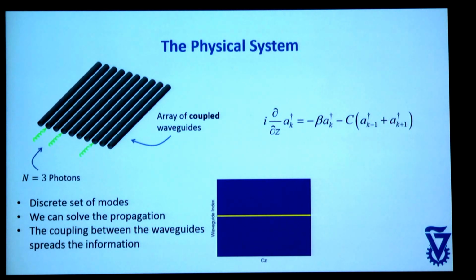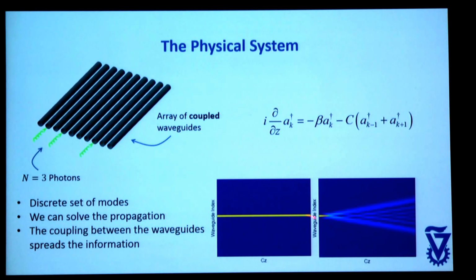So you inject a photon into the array, to some waveguide, and it propagates. That's all you get. But once you add the coupling of the waveguides, then the light can propagate to neighboring waveguides. And that's how, when you measure the output, you get information from every measurement. And this is the second key ingredient for our approach.